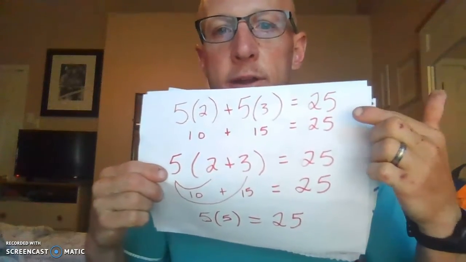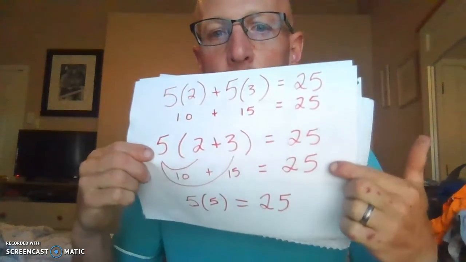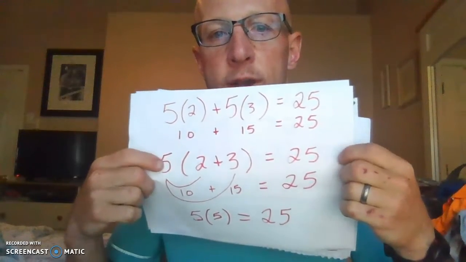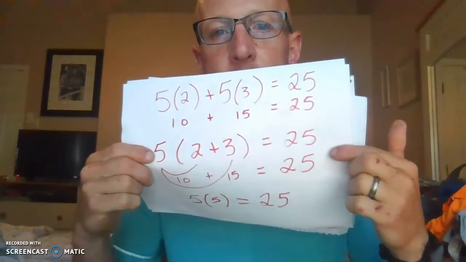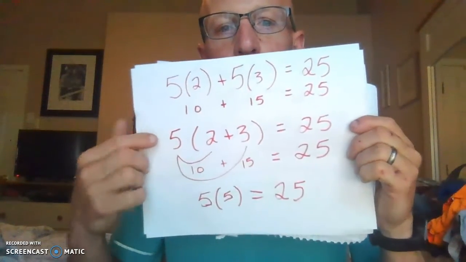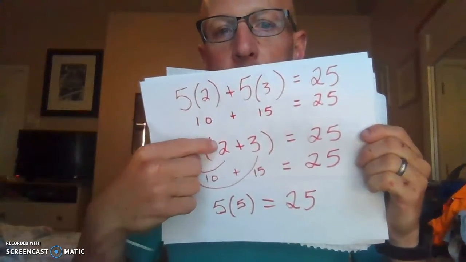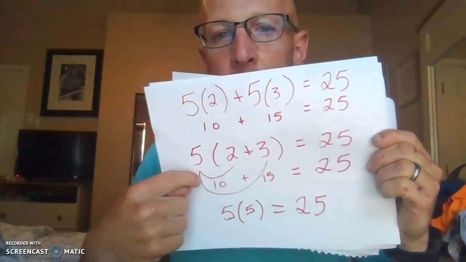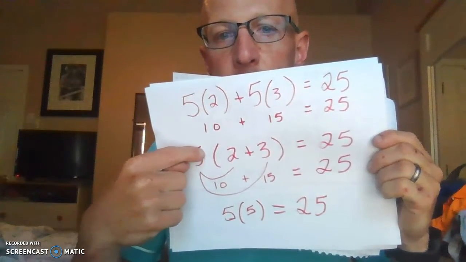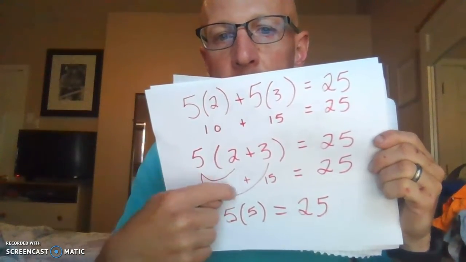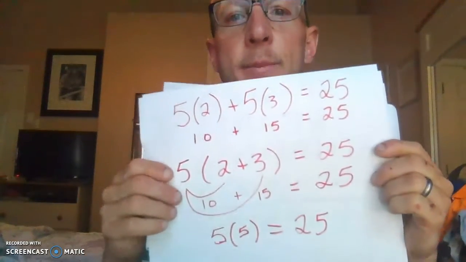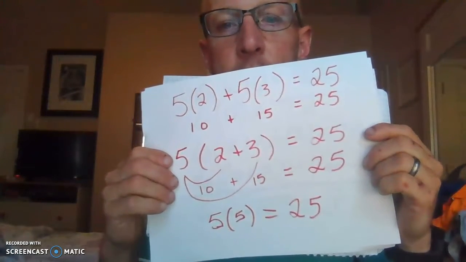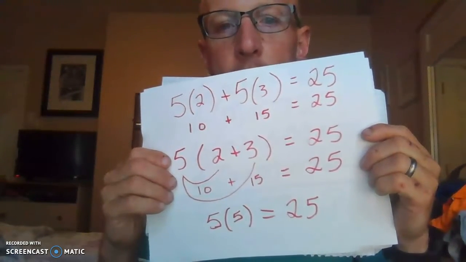Sorry, everything's opposite on here, giving us 25. The distributive property here shows us that we can use the 5 over 2 different numbers, and then we can add those together. So the distributive property of multiplication over addition. So hopefully that might be an example of how we can apply this and make numbers simpler to look at.